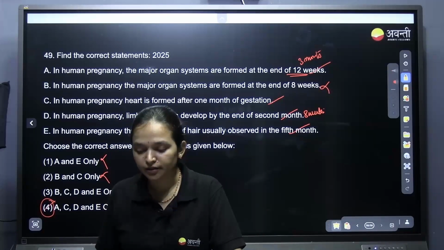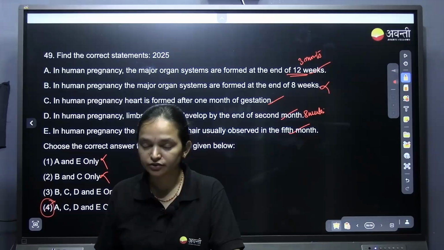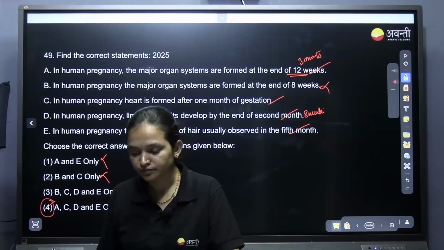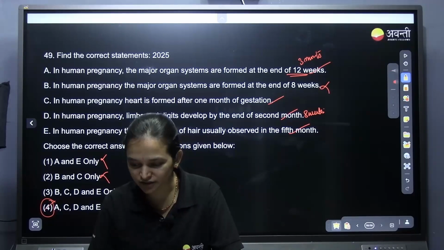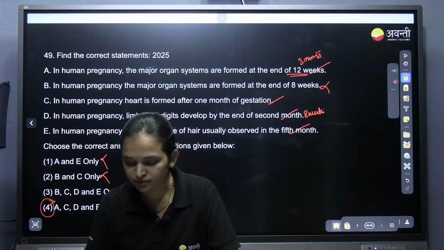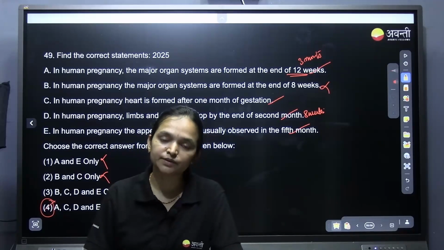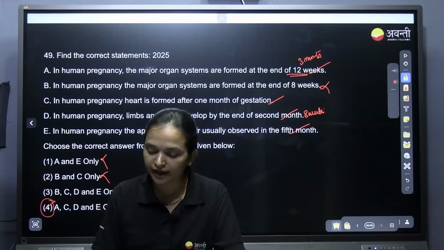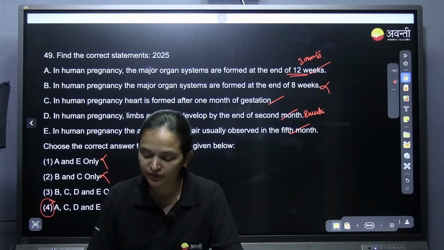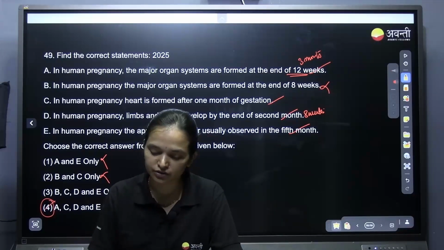The secondary oocyte is arrested in meiosis, metaphase 2. So how do you call it ovum now? Because the completion of meiosis 2 has to happen. It only happens when the sperm enters the zona pellucida, just before fertilization.